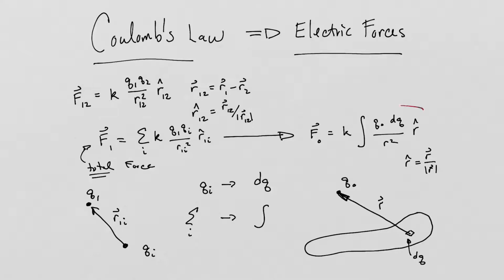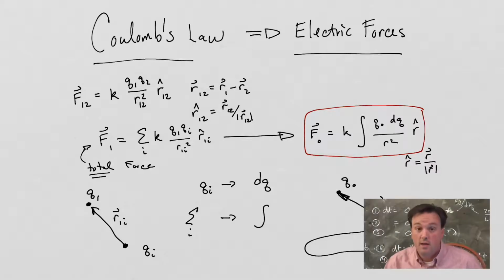And this thing here is going to be of great use to me, because as long as I can take my charge distribution and break it up into little pieces dq, and then I can mathematically represent how far that little piece dq is from the test charge that I'm interested in studying, then I can just evaluate this integral and I can go a really long way.